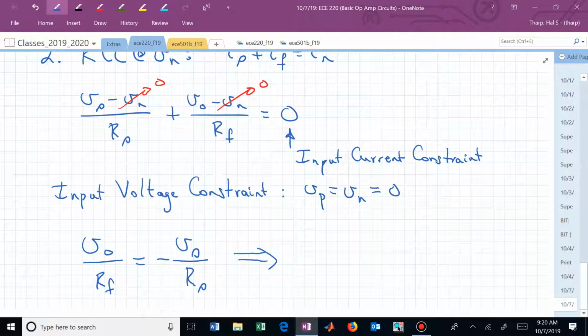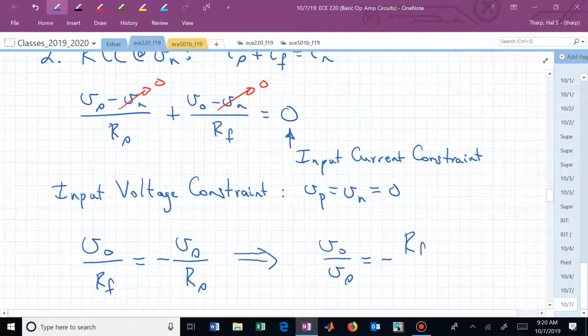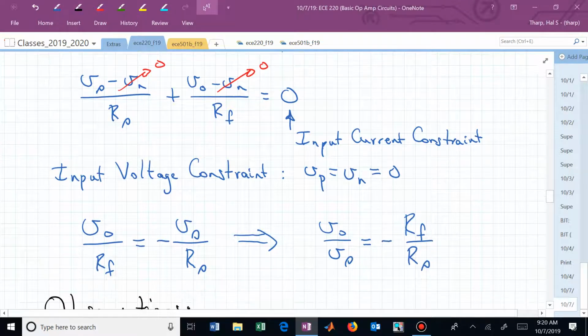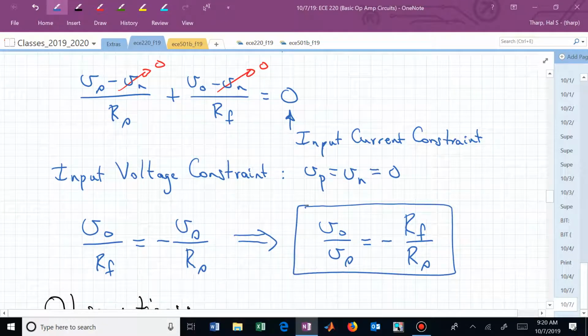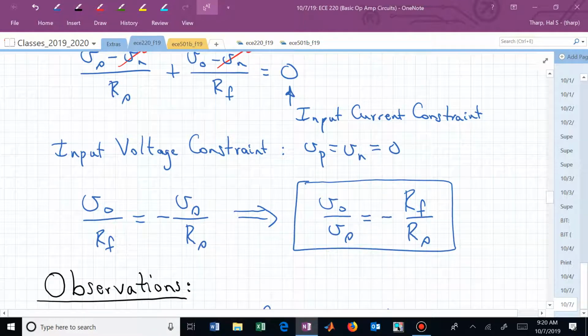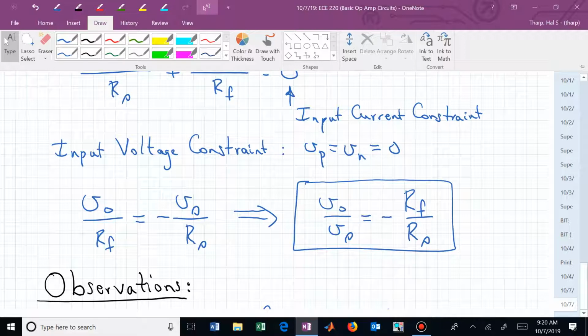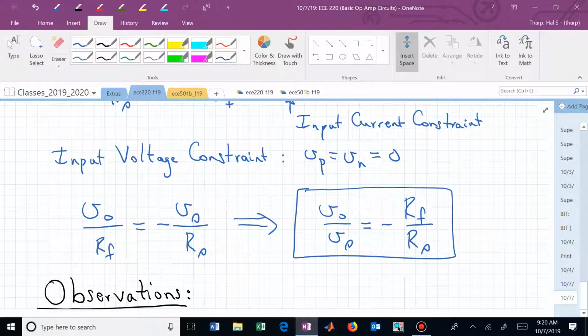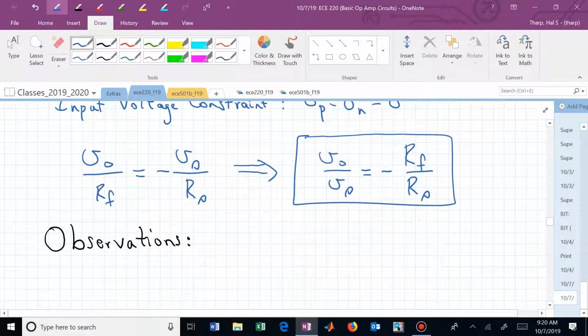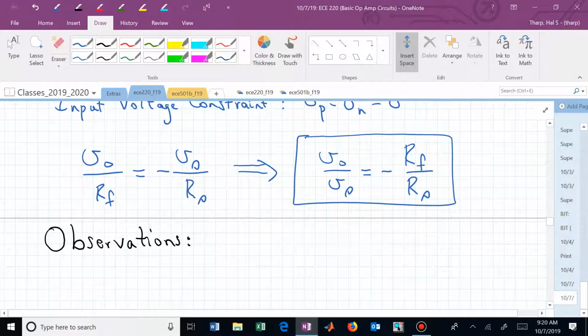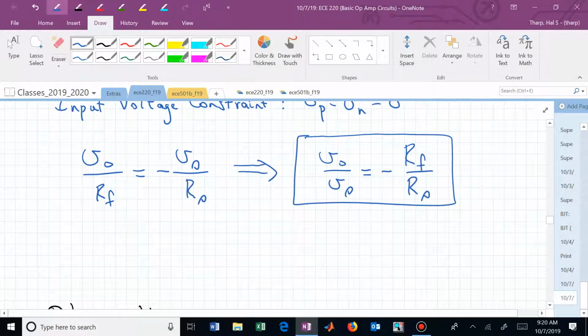This relationship now leads to the gain that we were wanting, the relationship to establish between our input voltage and the output voltage.